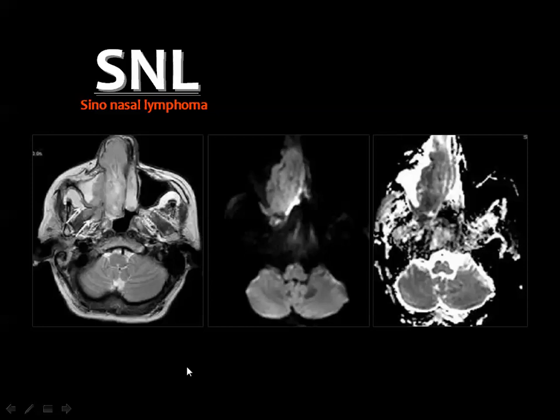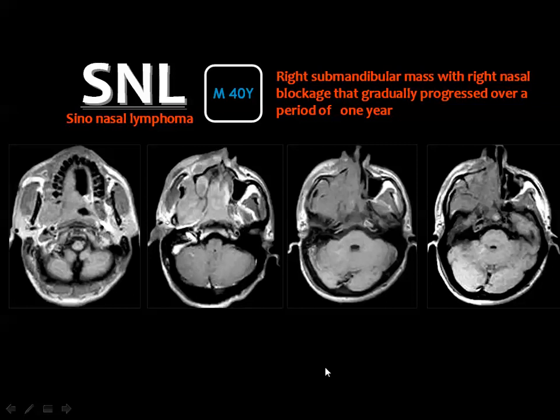I have mentioned that diffusion weighted images are considered very important in head and neck imaging and also in skull base evaluation, where the tumors will show restricted diffusion, as you can see in this particular lesion affecting the nasal fossa and extending into the maxillary sinus with some bright signal in the diffusion weighted images and dark signal in the ADC map.